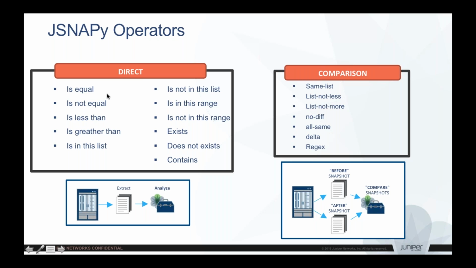So the operators that are available for you to write test cases in the case of direct mode could be an equal to operator, a not equal, a less than, greater than, in a range, not in a range, contains, etc. In the case of a comparison, the test cases can be built using operators like: is the list of data that you get same, are all the options same.